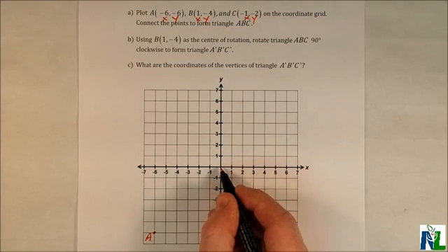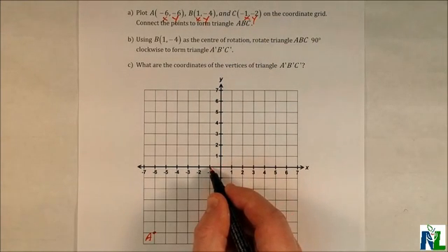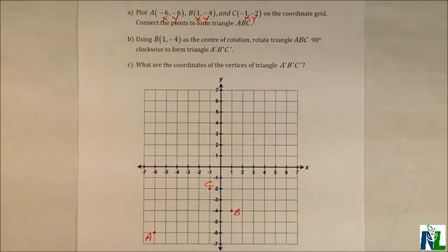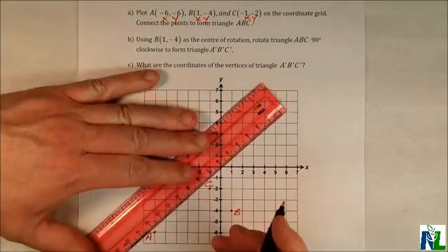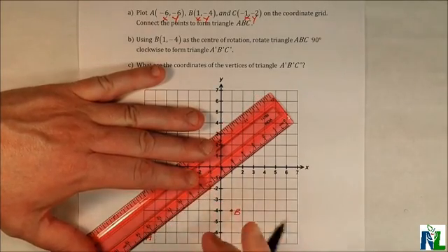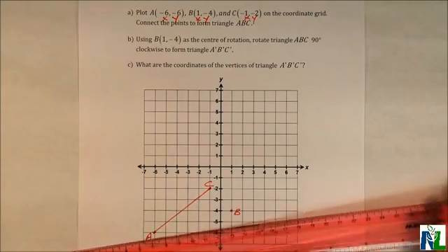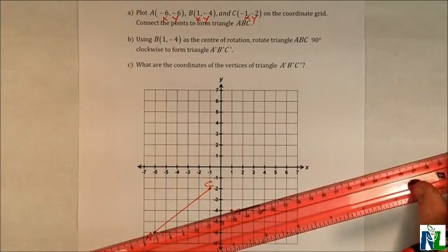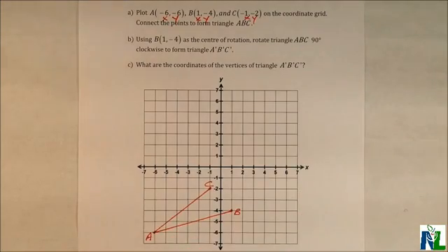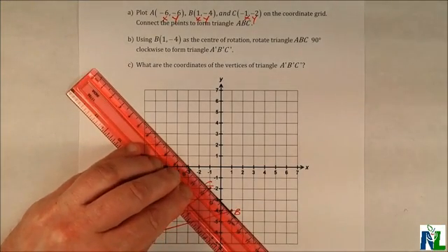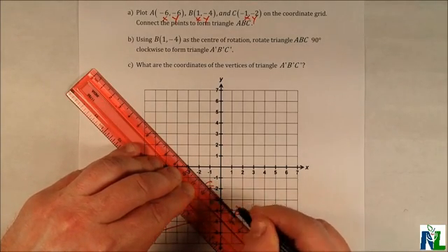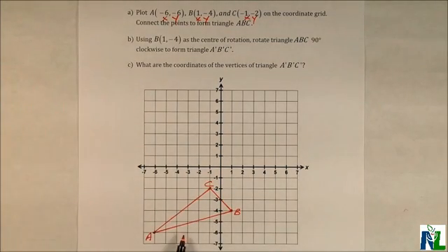So from the origin, I'm going to go to -1 on the x-axis and down 2. I'm going to join those 3 points to form triangle ABC. So there's triangle ABC.